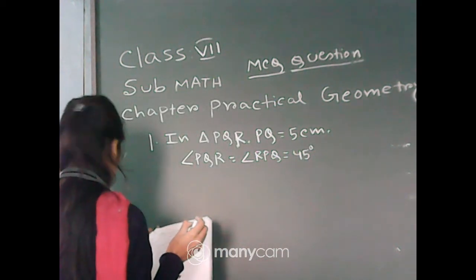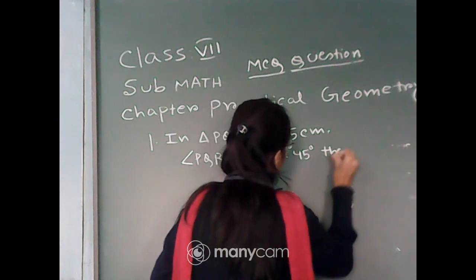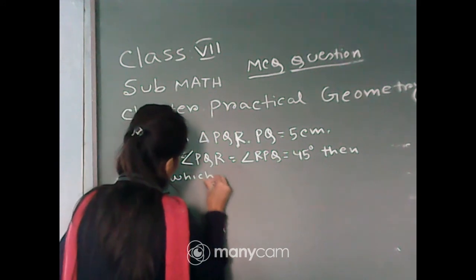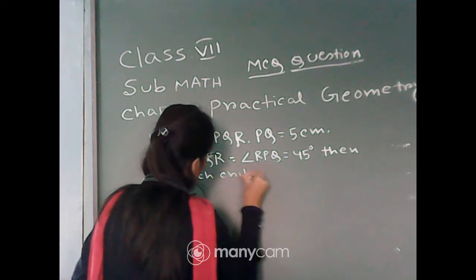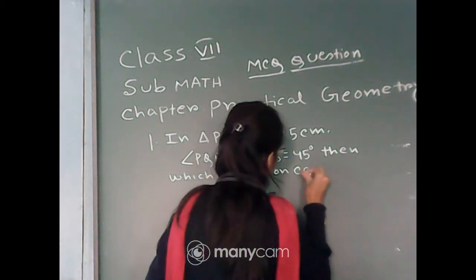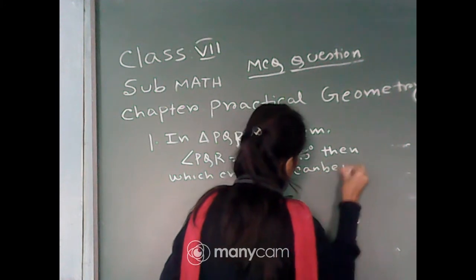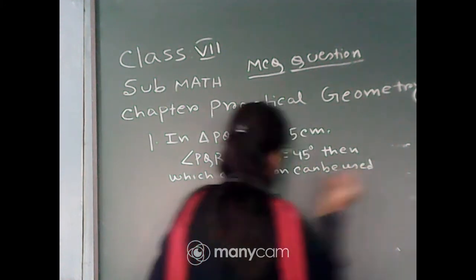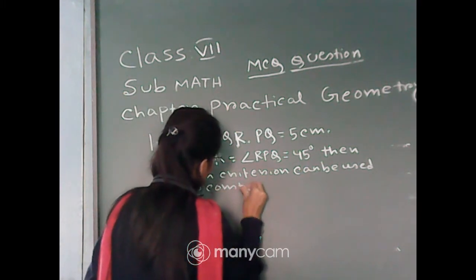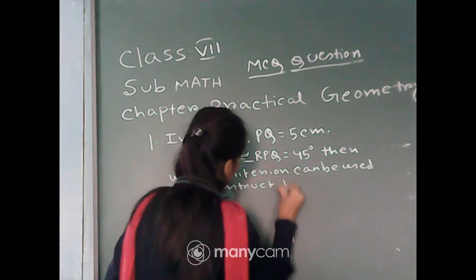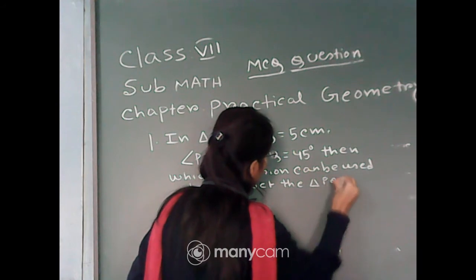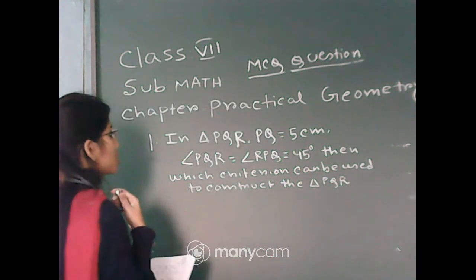Then which criterion can be used to construct the triangle PQR? First, we will draw the picture.